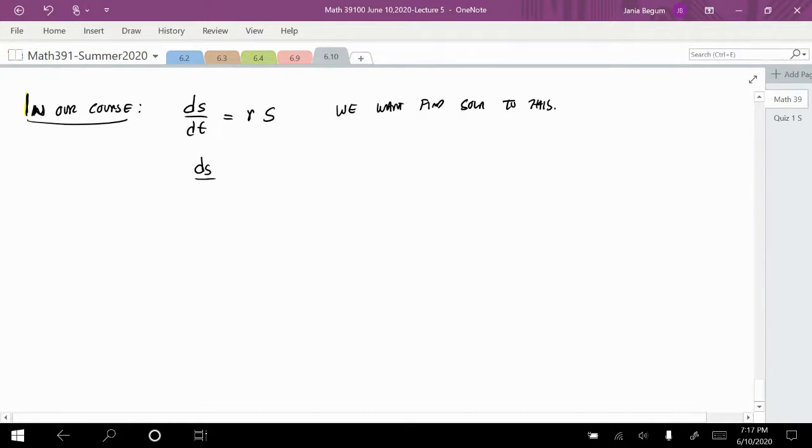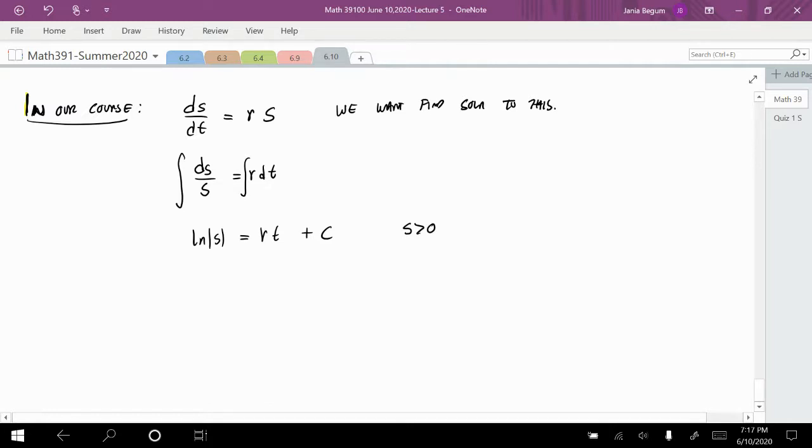So we have ds over s is equal to dt times r, and we integrate both sides. So we have ln of s is equal to r times t plus a constant c. Again, I'm going to assume s is positive so I can remove the absolute values.